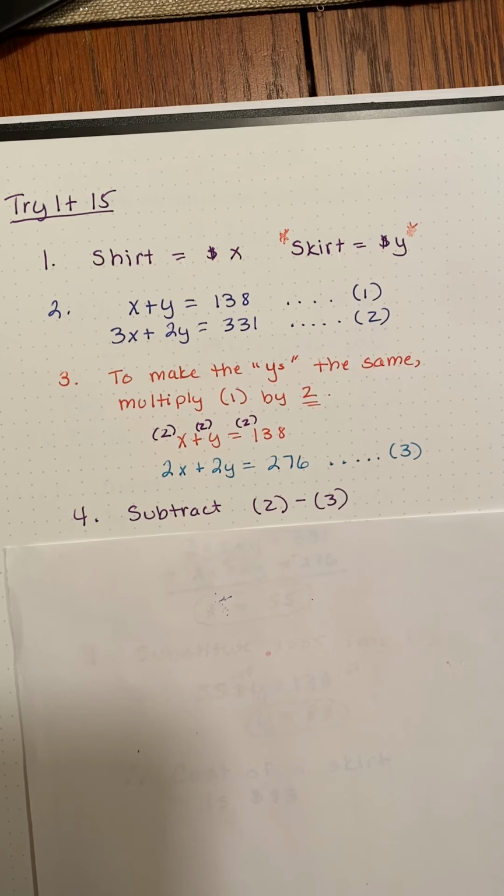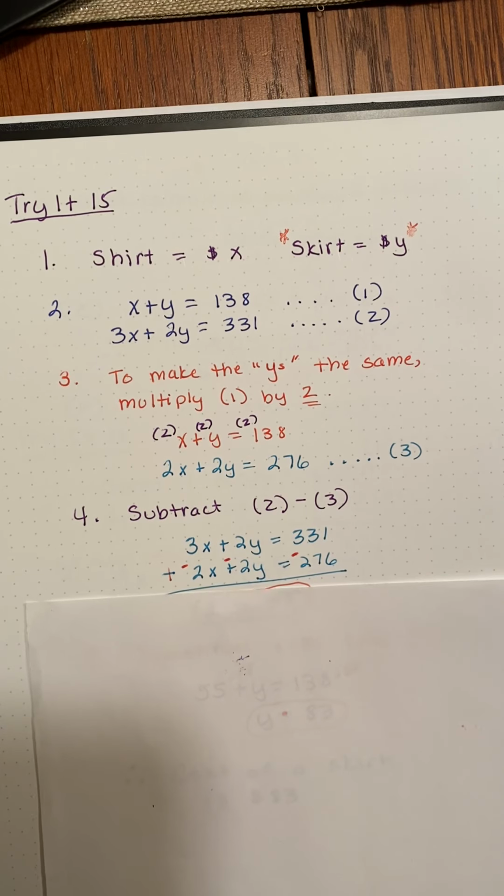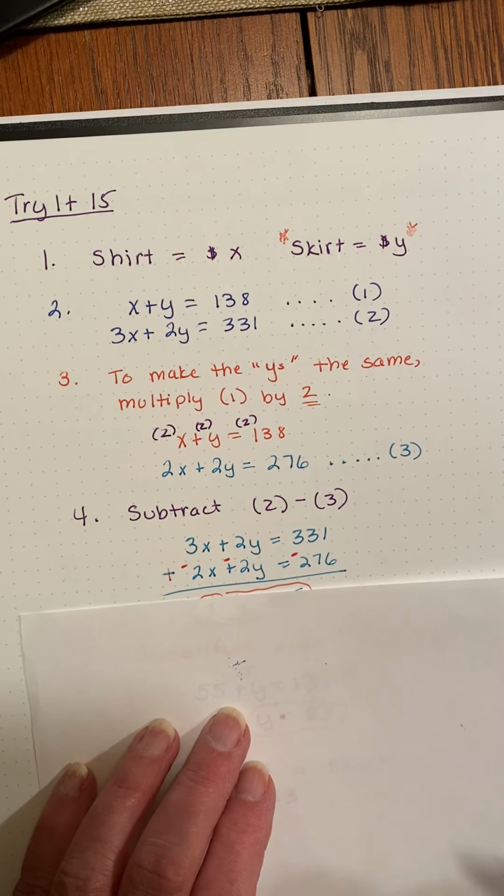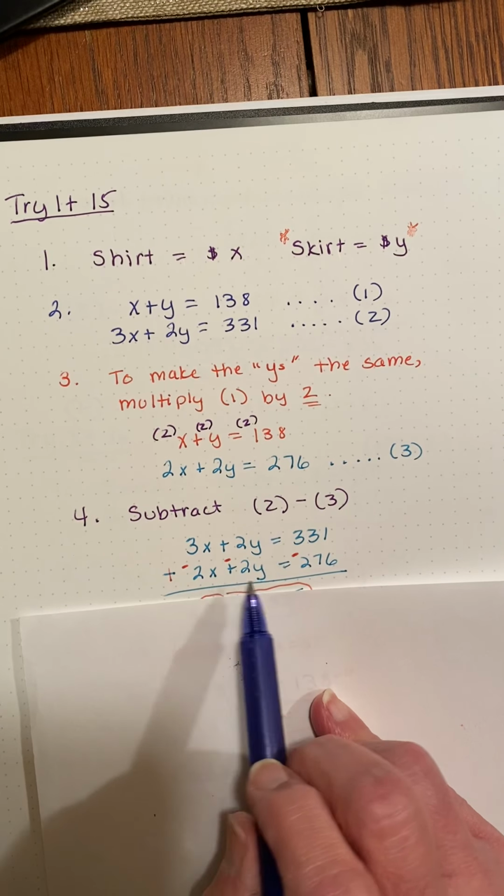Now I'm going to subtract. After looking things over, I'm going to decide to take equation 2 and subtract equation 3. I do that because equation 2 is a little bit larger. So I line them up like that. And remember, when you subtract them, you end up adding all the opposites.